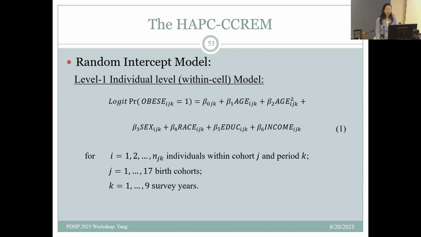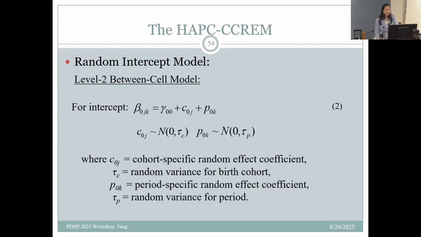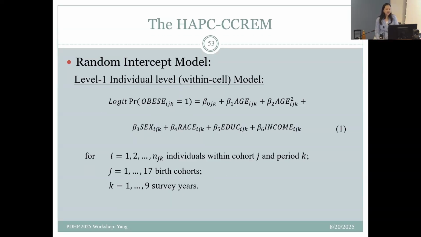Look at beta 0JK, which explicitly tests J and K: the variance by cohort J and by period K. This explicitly expresses the error structure at the two levels, without imposing anything on the level 1 covariates.